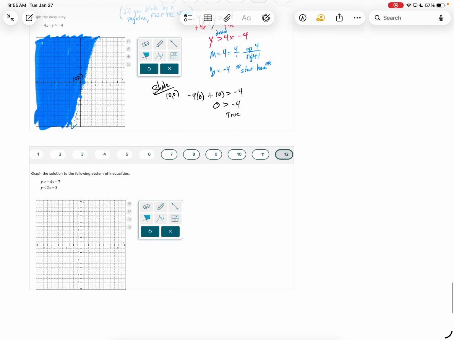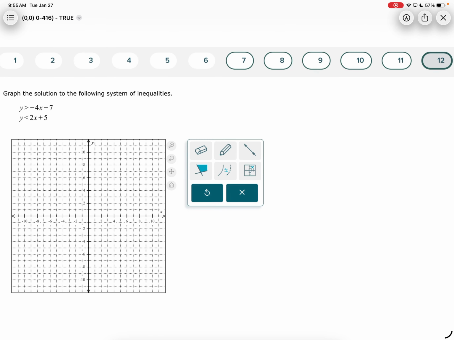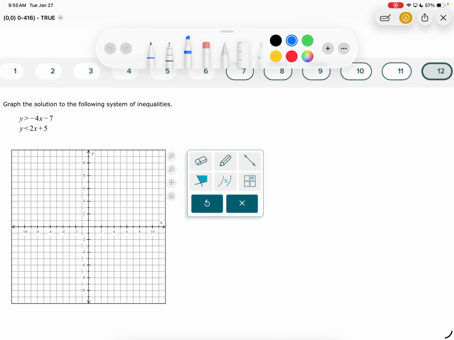And then number 12 is a system of inequalities. This one you have to graph both of these on the same line. So we'll make this one blue. This is going to be dashed because it's greater than. It's already in y equals mx plus b, so my slope here is -4, which is -4/1.